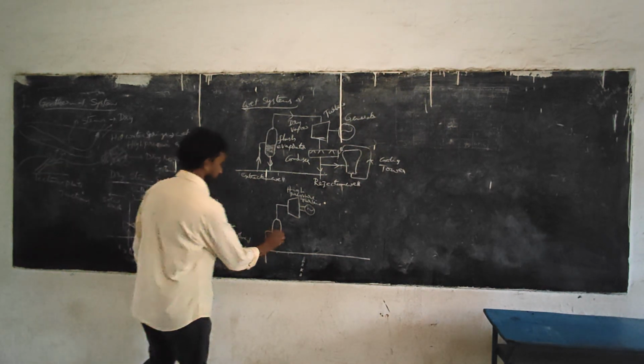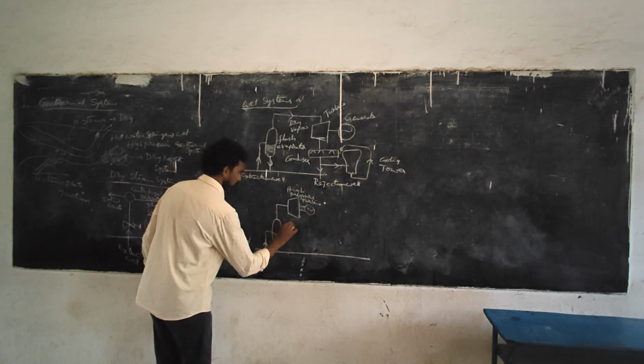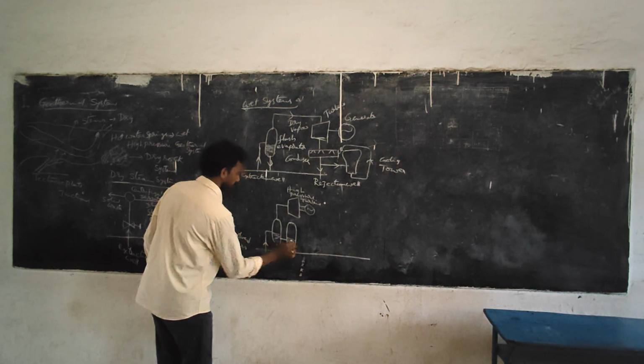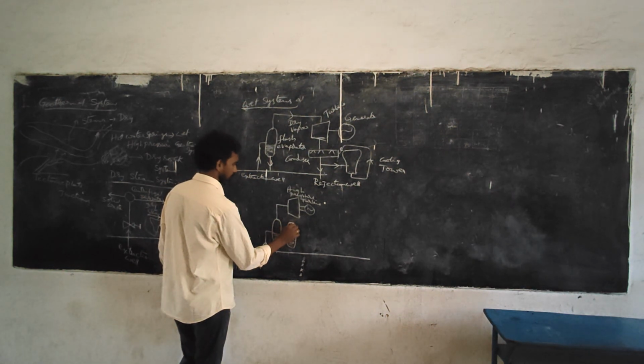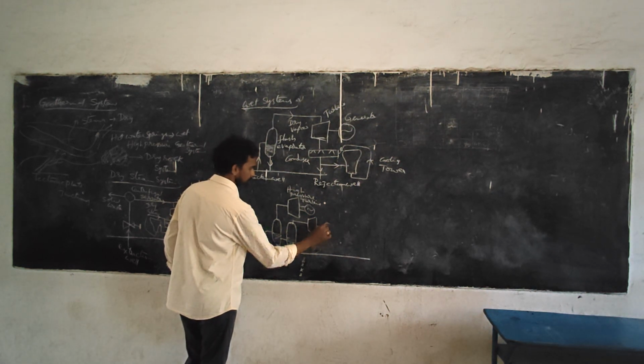Next flash evaporator. So the output of the first flash evaporator is given to the next flash evaporator. So the output of the second flash evaporator is given to the low pressure turbine.